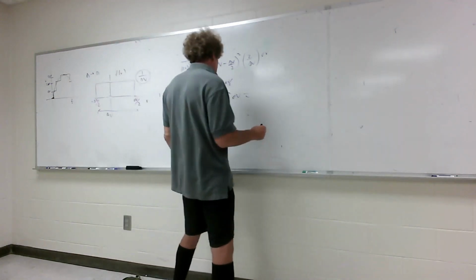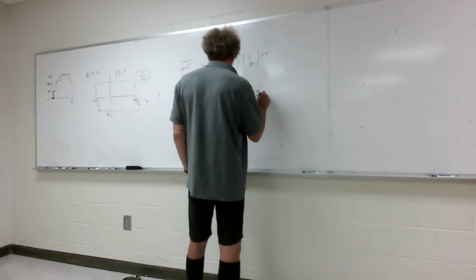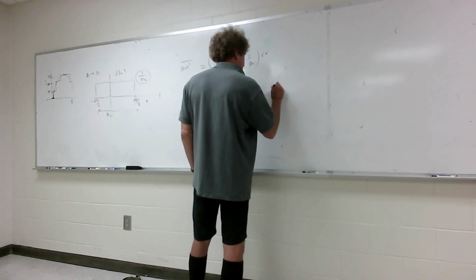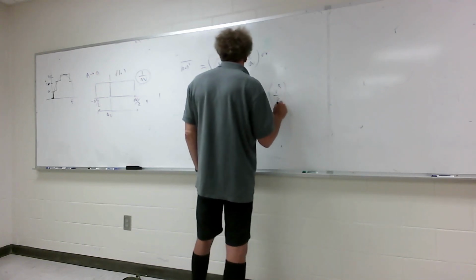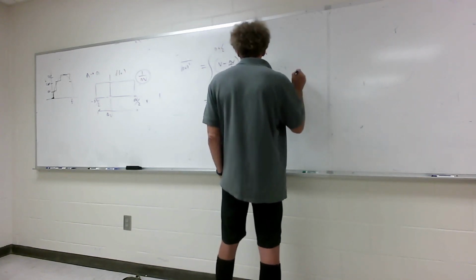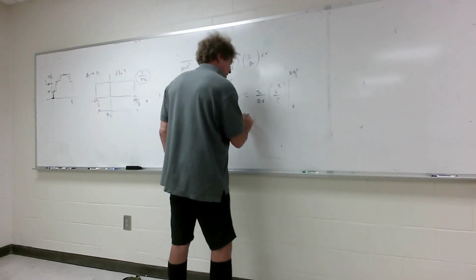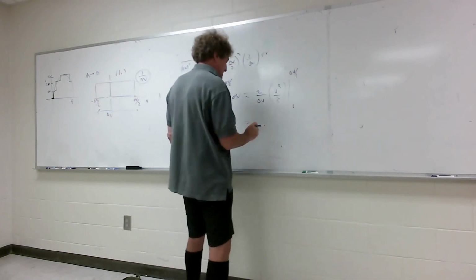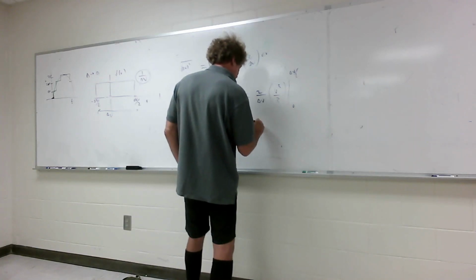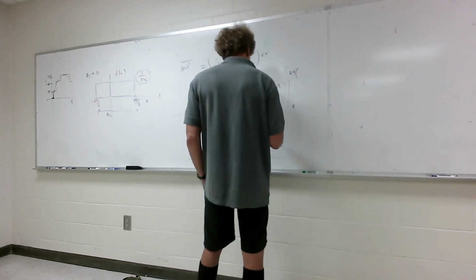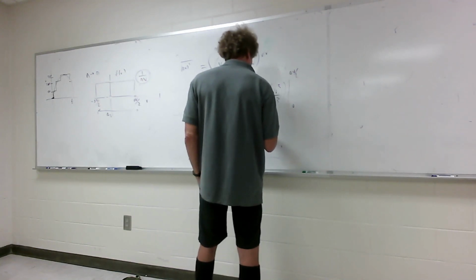So if you look at this, this becomes 2 over delta V, and then you get V cubed over 3, and it's from 0 to delta V over 2. So now I put in the values. I'll try to make this clear. I'm not going to spend too much time, but I do want to make this point. 2 over delta V, and then you get 1/3.